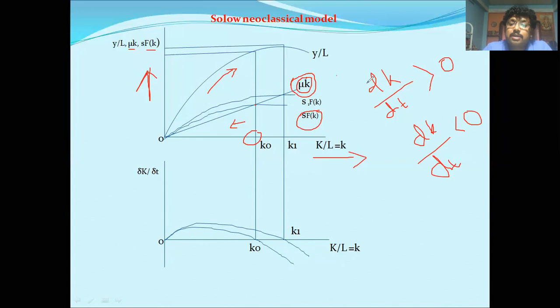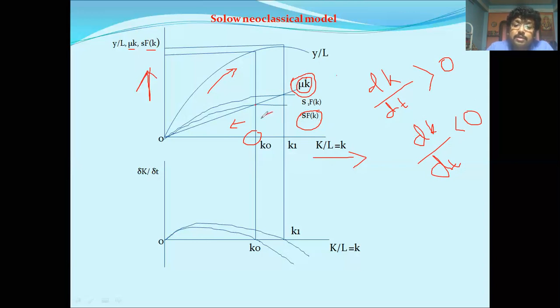When dk by dt is less than 0, the capital per head declines, and output will decline at the same rate, or savings per head will be declining, but at a lower rate.